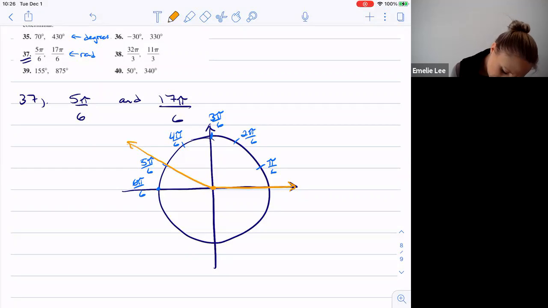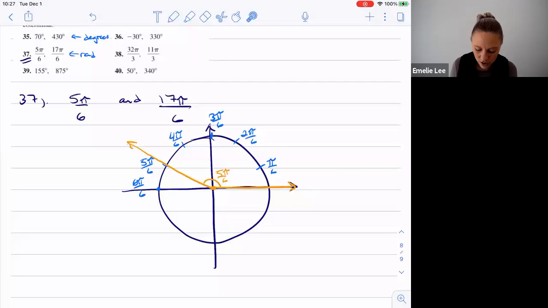Now we show that it's an angle with a little loop in the middle to show, okay, this is an angle, and this angle is 5 pi over 6. Because this point is not 5 pi over 6, that's the distance that we've traveled, but now we're morphing it into saying the distance that we've traveled is actually the radians, which is an angle measure.